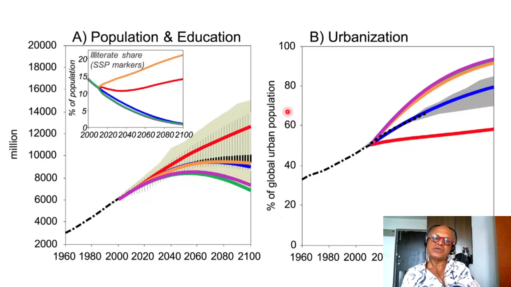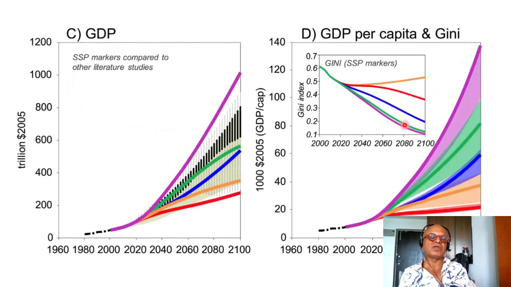Okay, percentage of global urban population, again historic and where we are going. There are various details here which I'm not going to talk about. You can follow up on the paper.